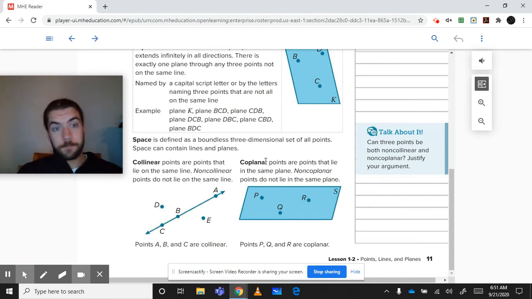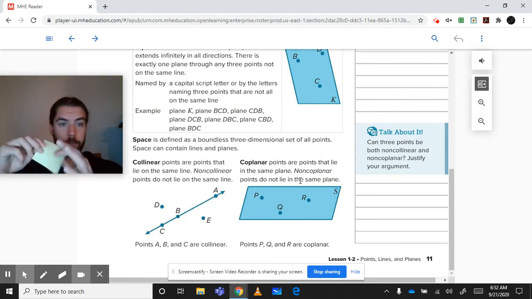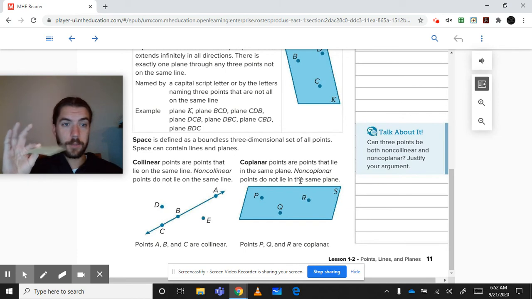Okay, coplanar, very similar. Coplanar points are points that lie in the same plane. Non-coplanar points do not lie in the same plane. Okay, so if I put a bunch of dots on this Post-it note, all of those dots would be coplanar. They would be in the same little sheet, the same plane.